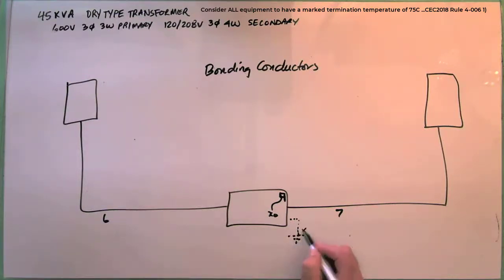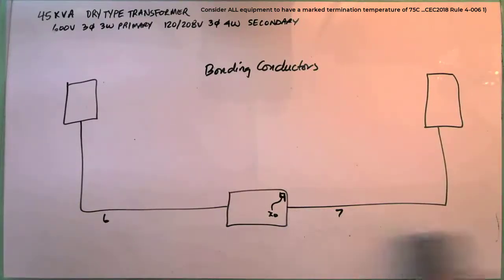You've gotten rid of this rule. All you have to do is put a little bonding jumper from a lug to the XO. Crazy. You don't have to go to the copper pipe anymore. You don't have to go to an electrode. Unbelievable.